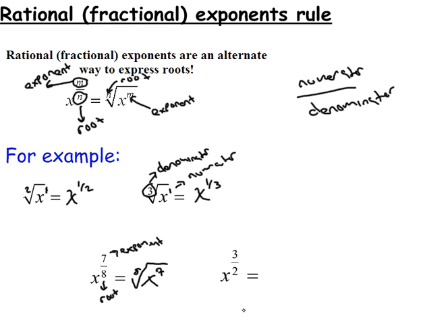So x raised to the 3/2, we could rewrite that as what? The square root of x to the 3rd. But when you're dealing with a square root, you don't need that 2 there. You could just write it as radical x to the 3rd.